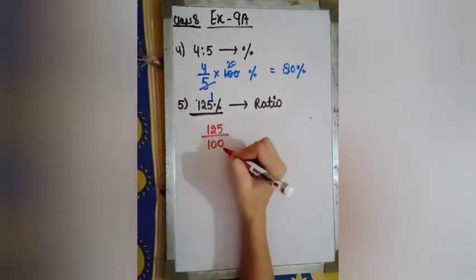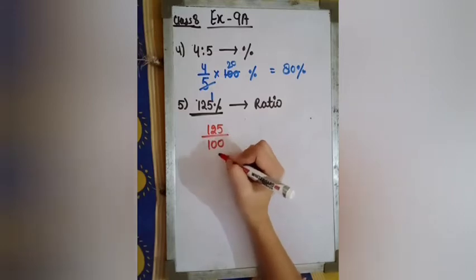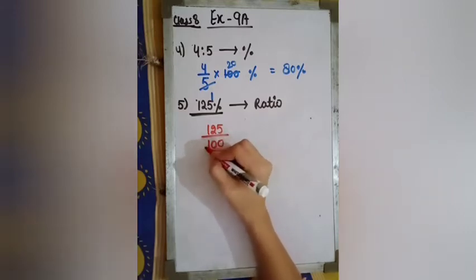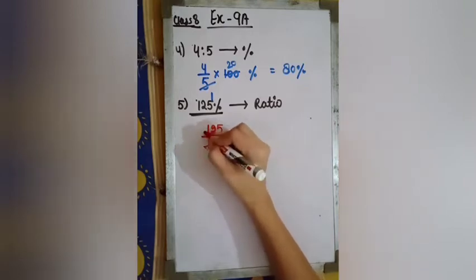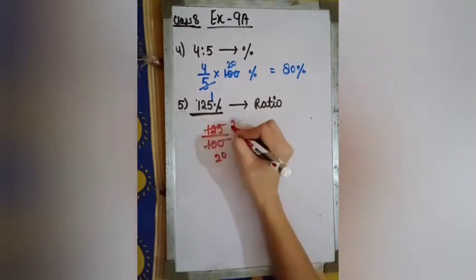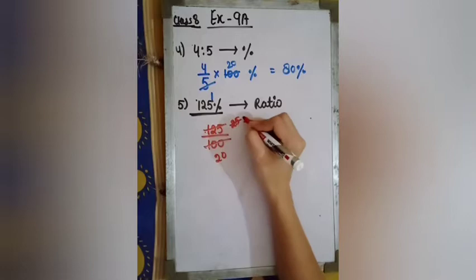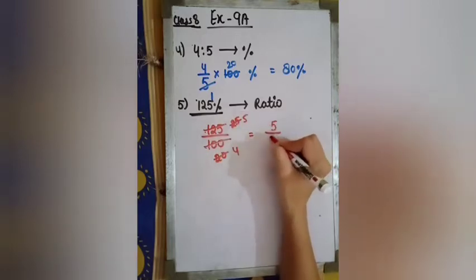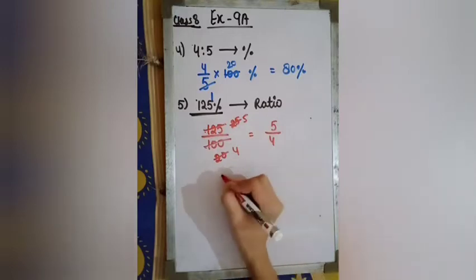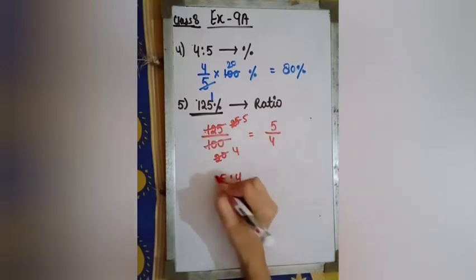Now write it in the simplest form. Always write the ratio in the simplest form. 5 2s are 10, 5 5s are 25, 5 5s are 25, 5 4s are 20. So this is 5 upon 4. You can write in ratio as 5:4.